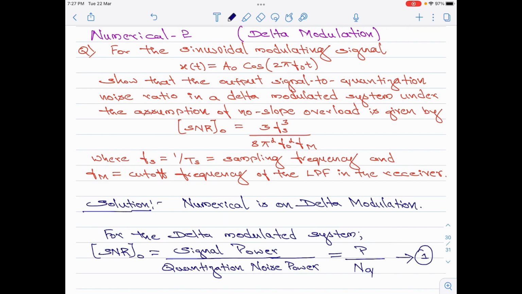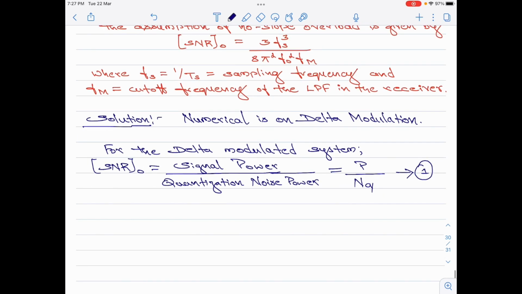Let us come back to the question and write the x of t signal here. So, we are given x of t is equal to A naught cos of 2 pi f naught t. We are asked to find the signal to quantization noise ratio at the output, provided there is no slope overload.